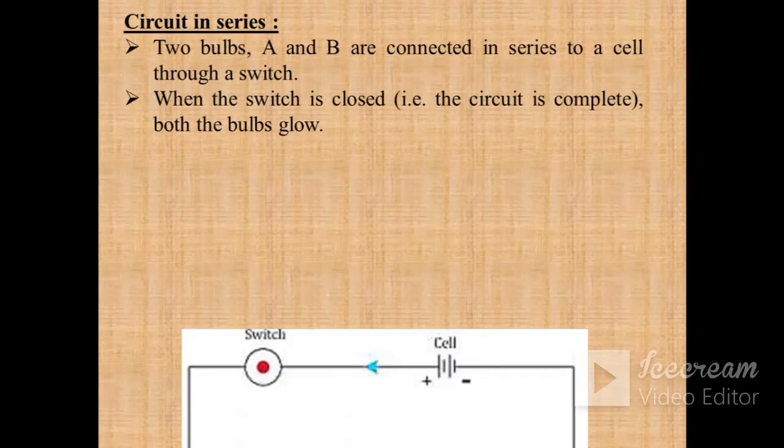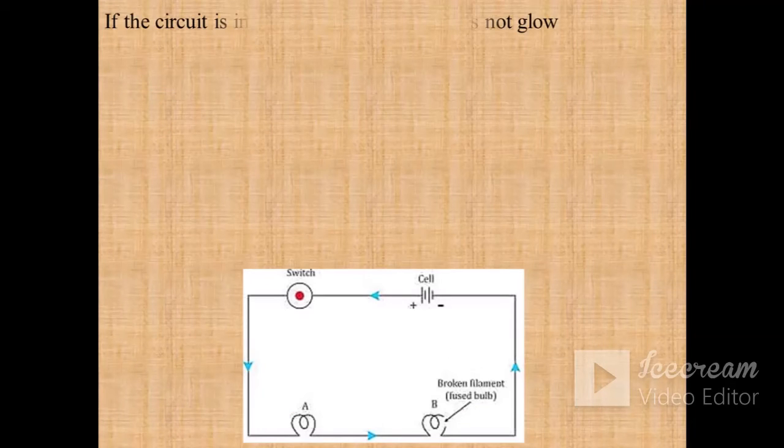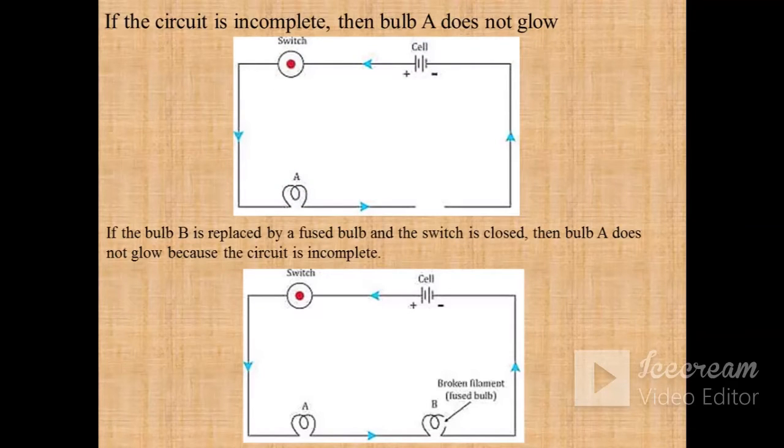For example, let me take two bulbs A and B and they are connected in series to a cell through a switch. Now when the switch is closed, the circuit is complete and both the bulbs start glowing. Now if the circuit is incomplete, the bulb A does not glow, and the circuit may be incomplete.